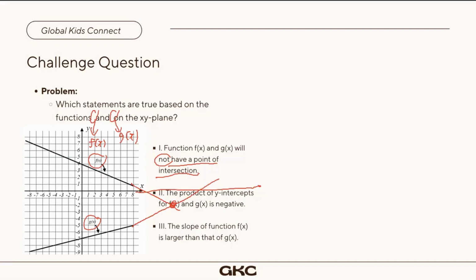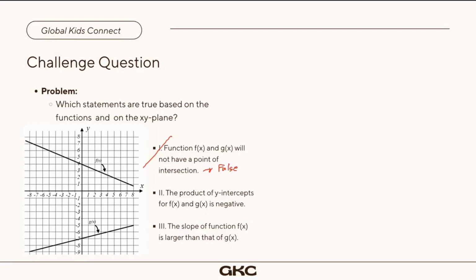And so at this point, the two lines will eventually meet each other. And therefore, you can say that statement one is in fact incorrect because statement one states that they won't meet. However, if we take a quick glance at the graph itself, we can see that eventually, yes, they will meet. And so we can cross out statement one and say that it is false.